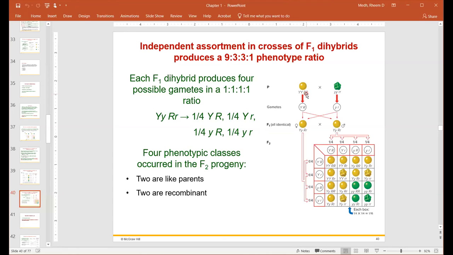Right? You will get all of these 4. So 2 of them are like the parents and 2 of them are the recombinants in the 4 phenotypic classes that you get, which we saw in the 9:3:3:1, right?